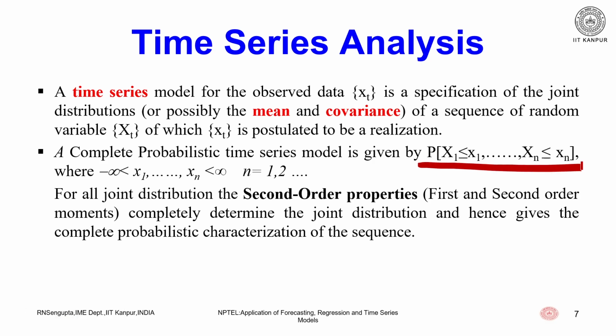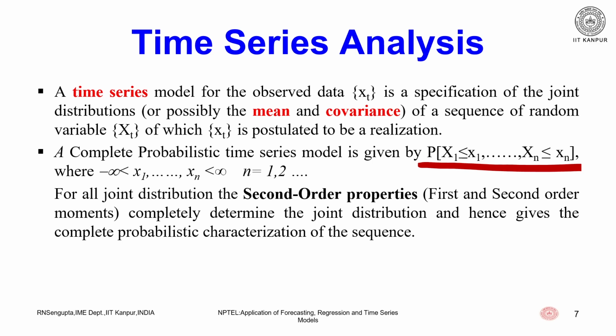I want to find the distribution function of X 1 less than or equal to x 1, up to X n less than or equal to x n, with all the values less than or equal to their realized values, such that x 1 to x n are between minus infinity and plus infinity. For all the joint distributions, we are basically talking about the second order properties, the first and second order moments. The first moment is related to the mean or expected value, the second moment is related to the variance.